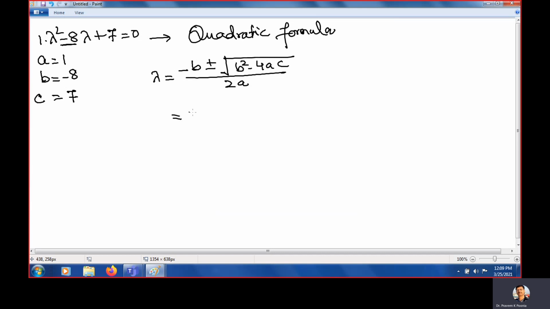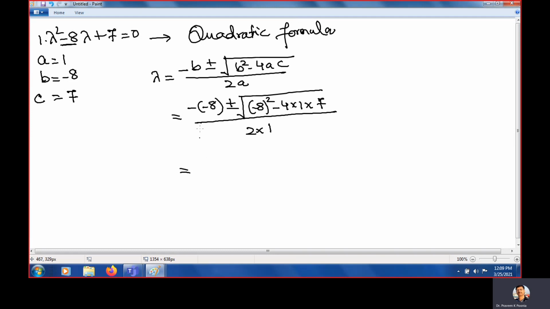So it equals minus B, minus of minus 8, plus minus square root of 8 power 2 minus 4 into A is 1 and C is 7, upon 2 into A, 2 into 1. So it is 8 plus minus square root of 8 power 2 is 64 minus 7 times 4 is 28, upon 2.